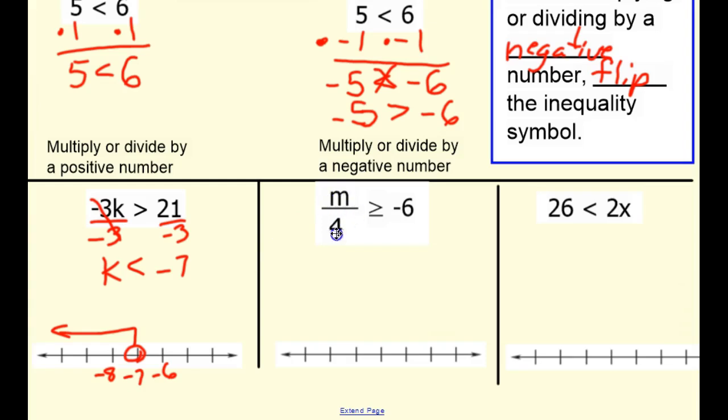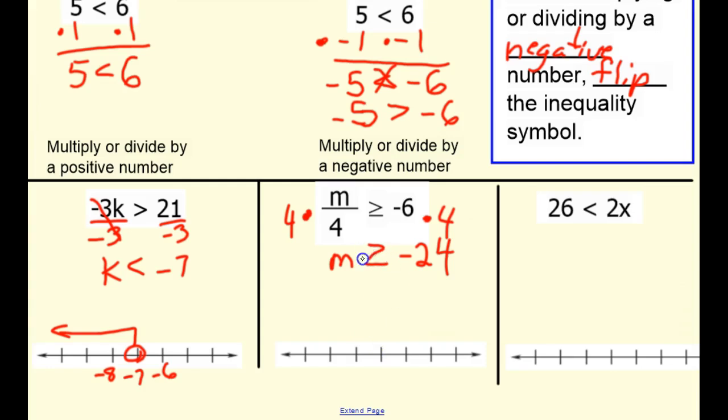Here we have m over 4. The opposite of division is multiplication, so we need to multiply by 4. Now we're not multiplying by a negative number, so we don't need to touch our sign. So what we get is m is greater than or equal to -24. Even though we got a negative, we didn't multiply by a negative number, so we leave the sign like it is.